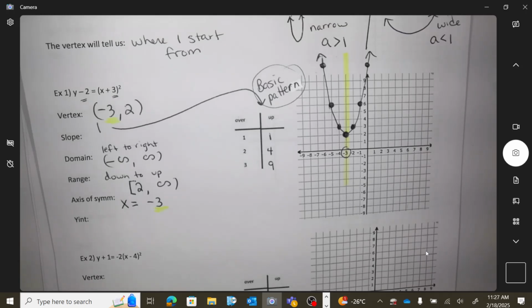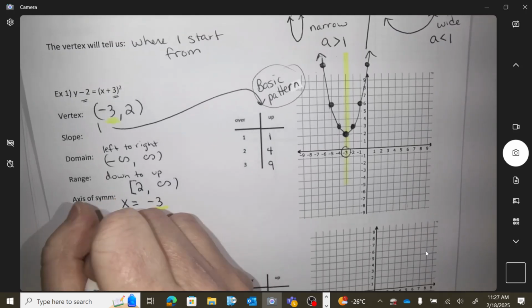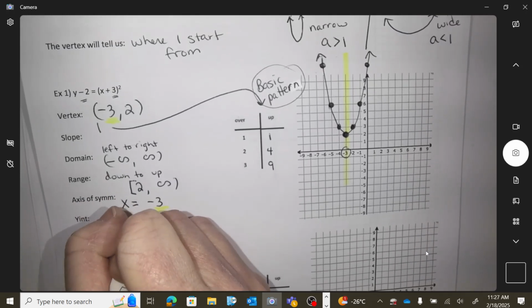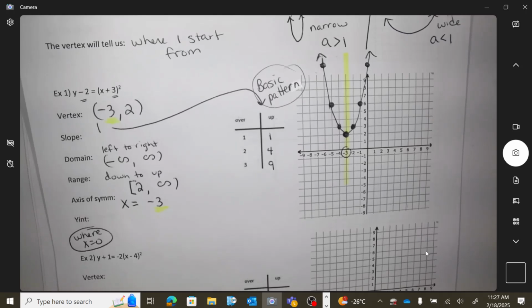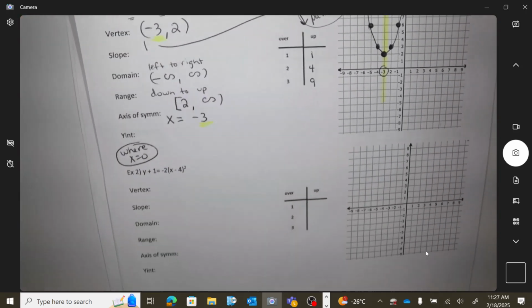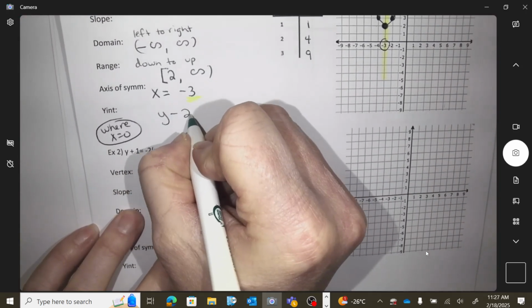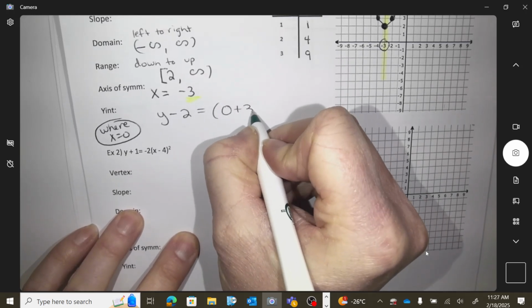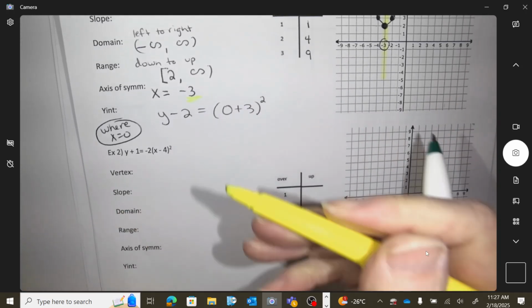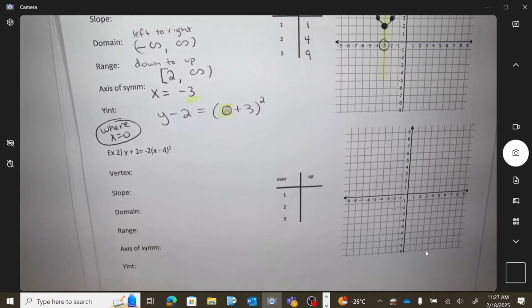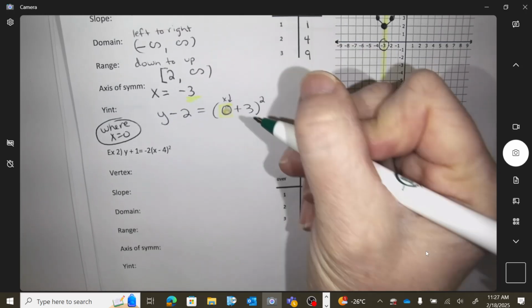Okay, and then a y-intercept. A y-intercept means what? Where your X is 0. If X was 0, where would you want to be? Okay, so if X was 0, I'm going to write my equation. So that's what I did.